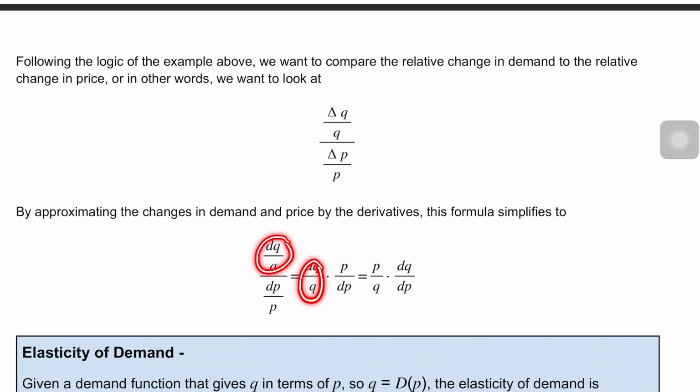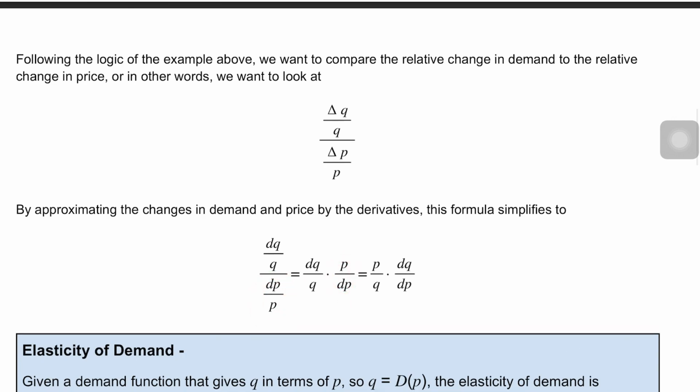So that's the numerator times the reciprocal of the denominator. And if we arrange the order, we switch those two, now we have P over Q times dQ over dP.